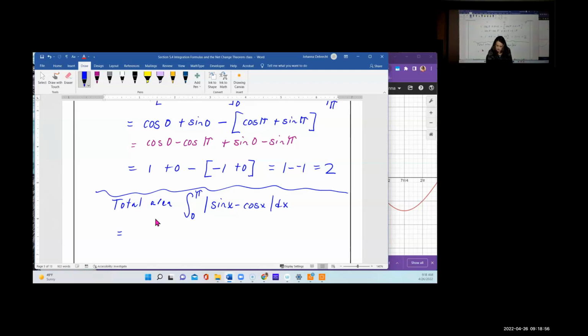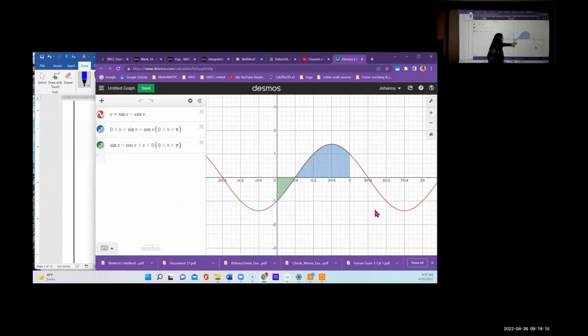That reflects it and flips it up on top. So from 0 to pi over 4, we would multiply by a negative to get negative sine x plus cosine of x dx. And that would reflect the graph from being below the axis and would reflect it up.